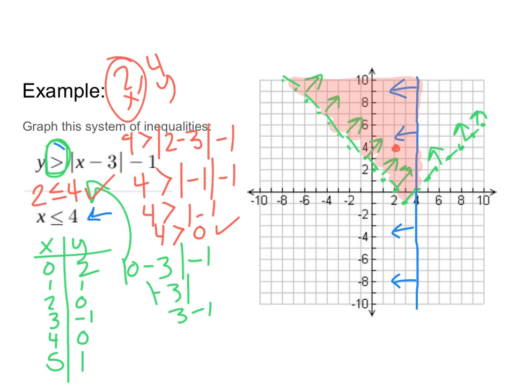Now, if I did actually want to make this a closed polygon, I could throw that line in there and then say that we have to shade below. What inequality would that be?